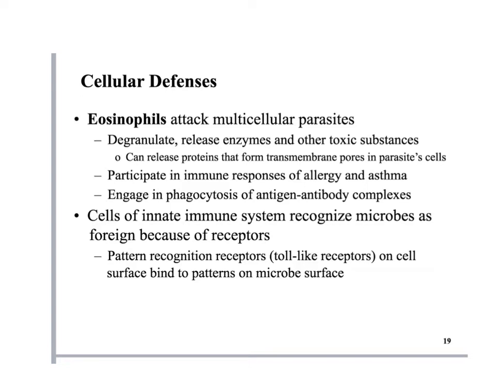Other cellular defenses include eosinophils, which attack multicellular parasites and do something called degranulate. Don't forget that eosinophils are granulocytes, so they have cytoplasmic granules, and those granules contain enzymes and other proteins. When eosinophils run into a cell, they degranulate.